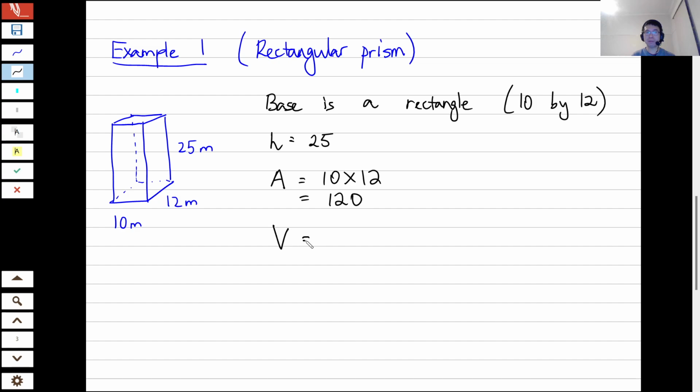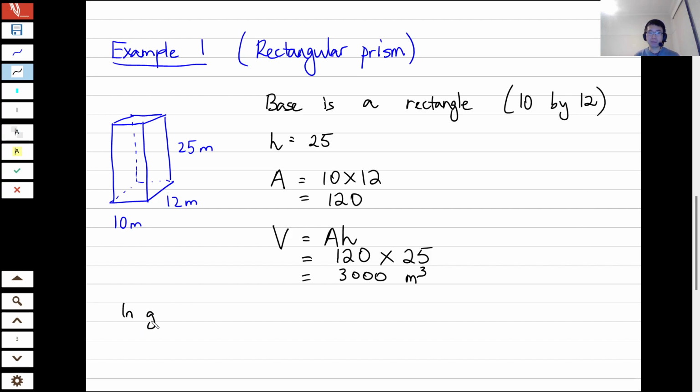The volume is equal to the area of the base times the height. And so what I need to do is take 120 and multiply this by 25. And if I do this, I will get 3,000. And dealing with meters here, so my unit is going to be cubic meters, or m to the power of 3.